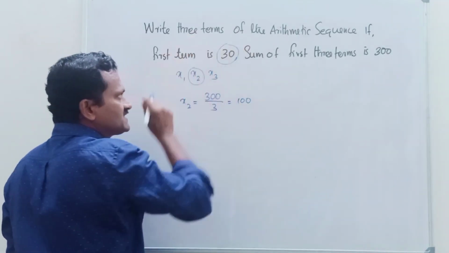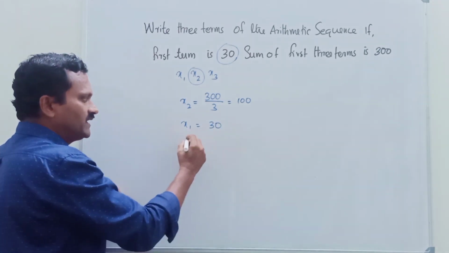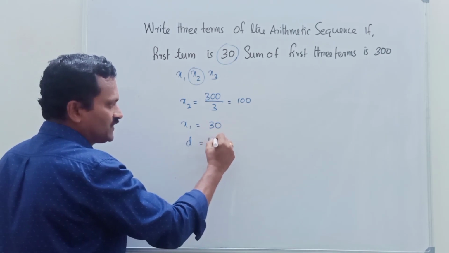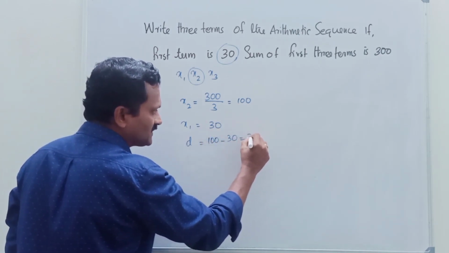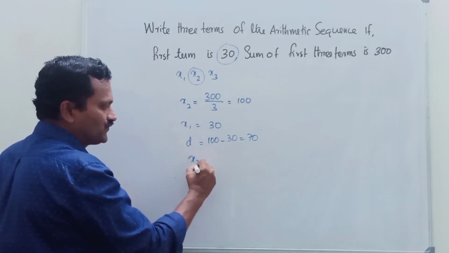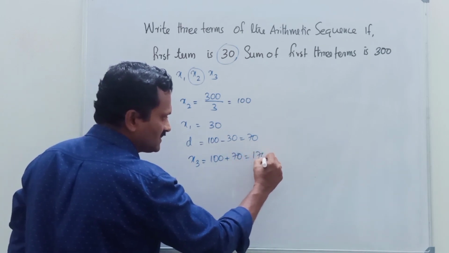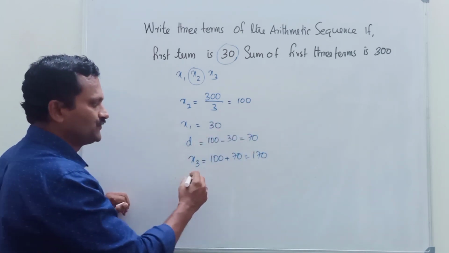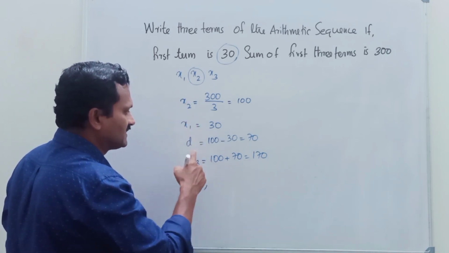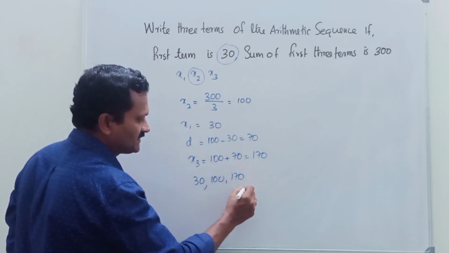Also given the first term is 30, that is x1 equal to 30. Then we can find the common difference d equal to second term minus first term, that is 70. Using the second term and common difference, we can find the third term, that is the second term plus common difference, that is 170. Therefore, the first three terms are: first term 30, second term x2 is 100 and third term is 170.